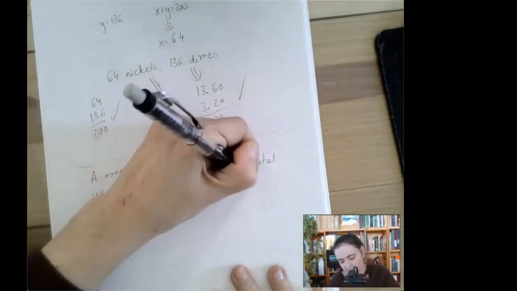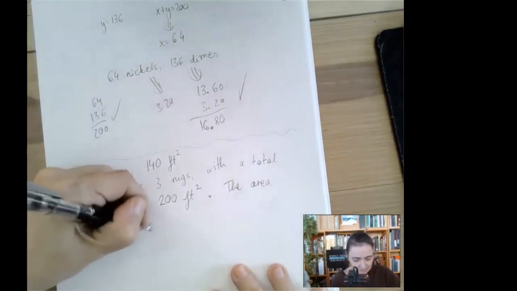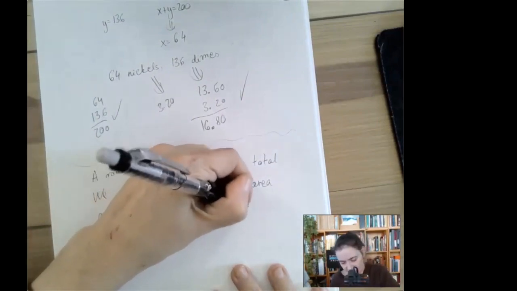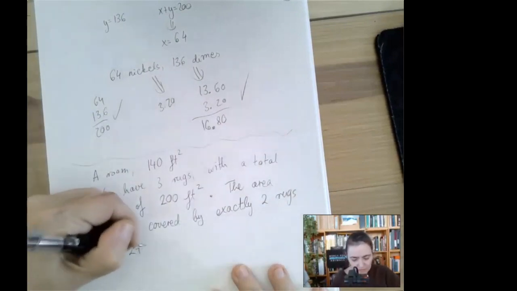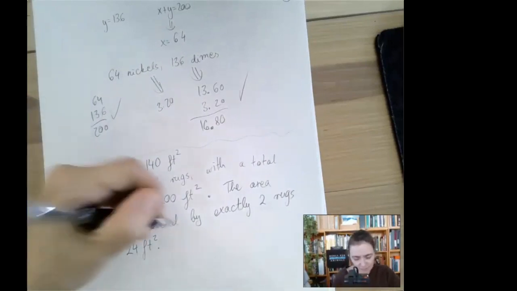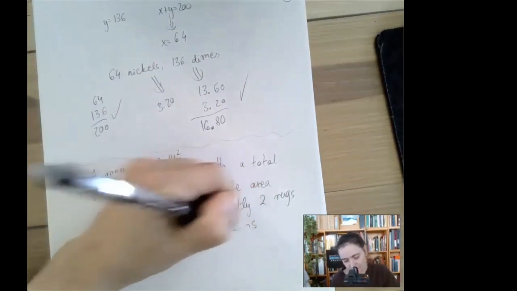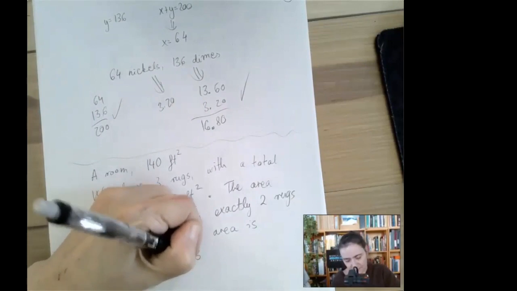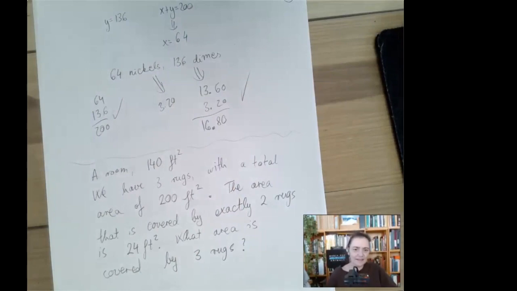The area that is covered by exactly 2 rugs is 24 square feet. What is the area that's covered with 3 rugs? Any ideas?